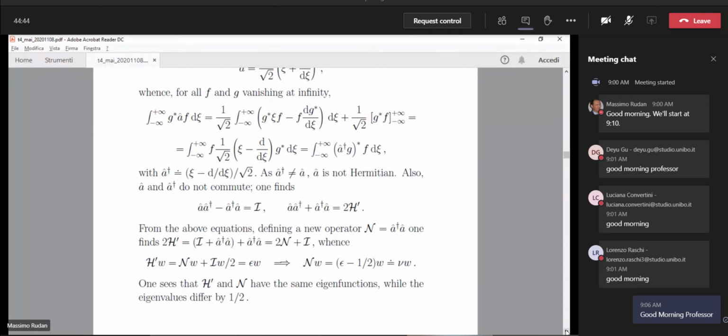Simply because if you look at the line above, Hamiltonian prime is equal to 2 times the number operator plus the identity. Okay, and this is simply found by combining the two expressions involving a and a dagger.